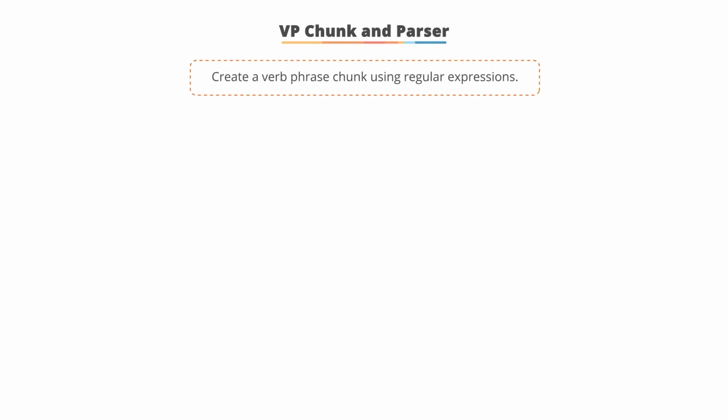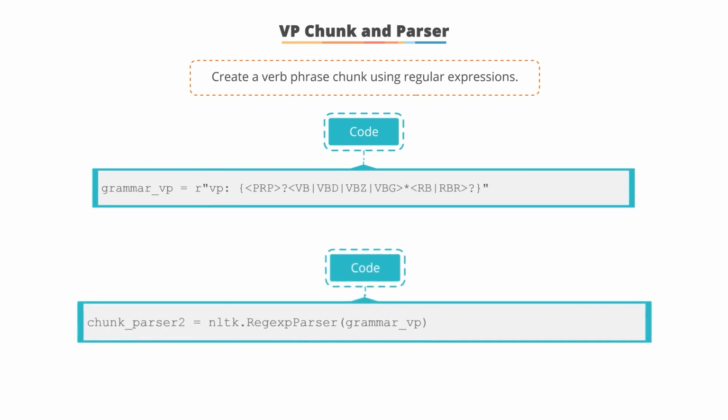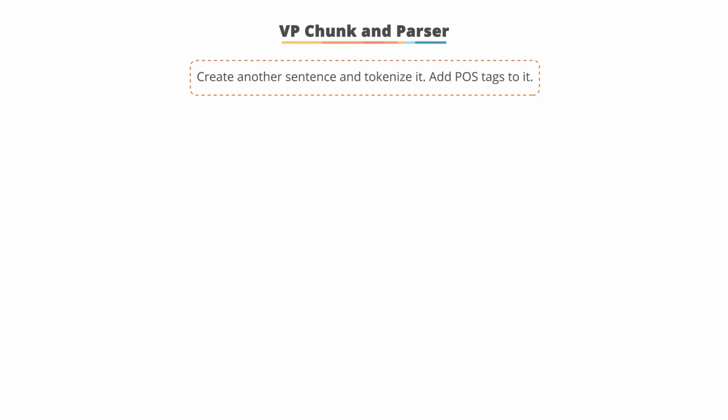Create a verb phrase chunk using regular expressions. The regular expression has been defined as an optional personal pronoun followed by zero or more verbs of any type followed by any type of adverb. You'll now create another chunk parser and pass the verb phrase string to it. Create another sentence and tokenize it. Add POS tags to it.